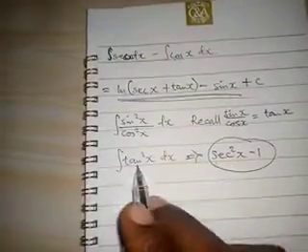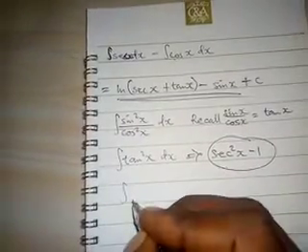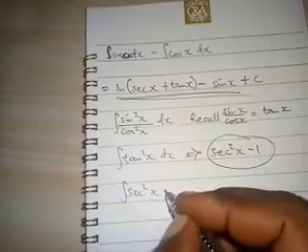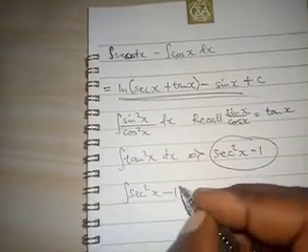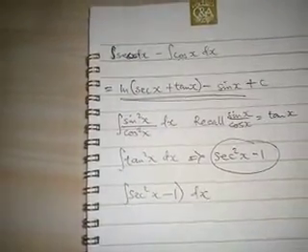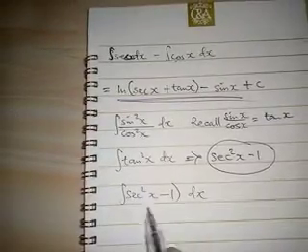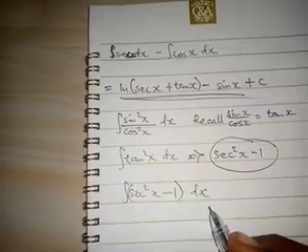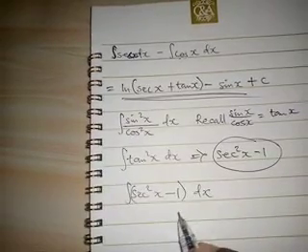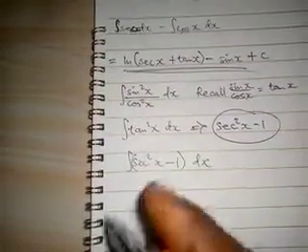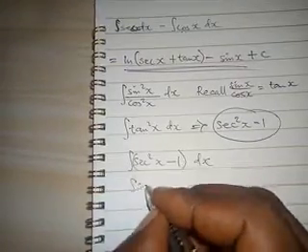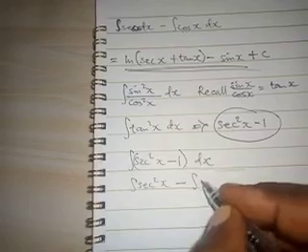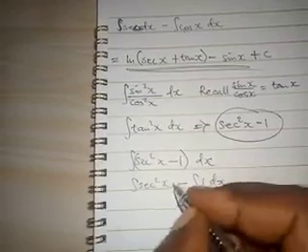So I can use this to replace it by saying integral of sec squared x minus 1 with respect to x. With that, I can split them. If I split the two, I will have integral of sec squared x minus integral of 1 with respect to x.